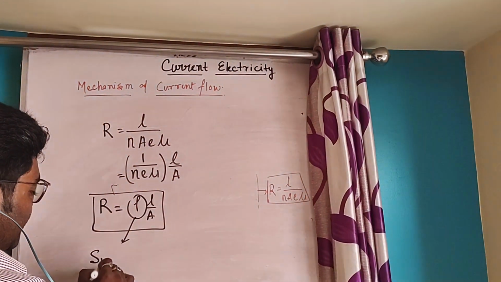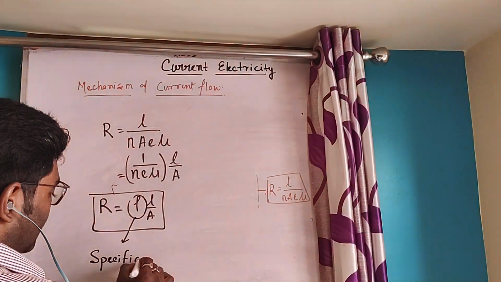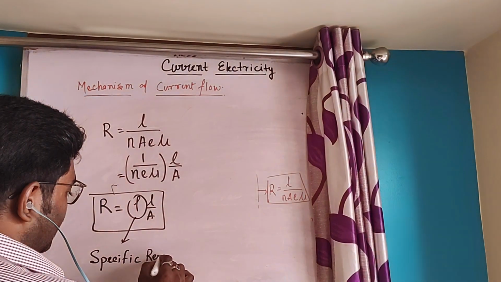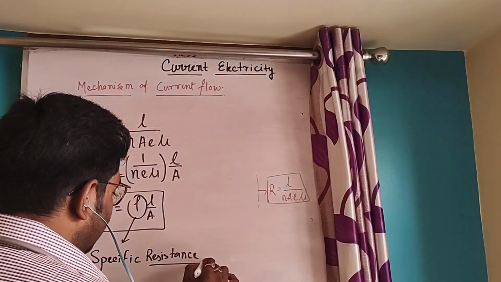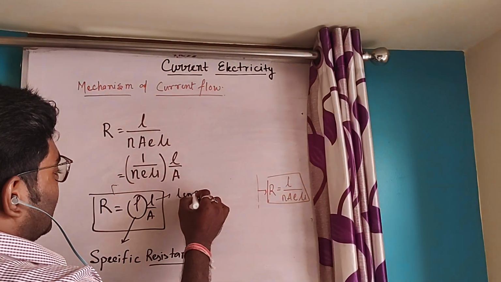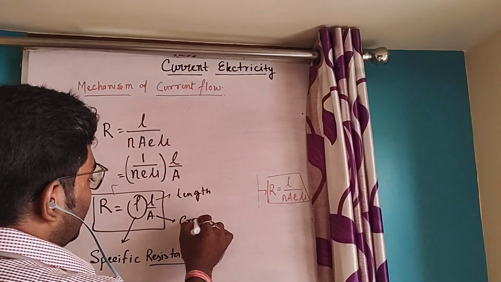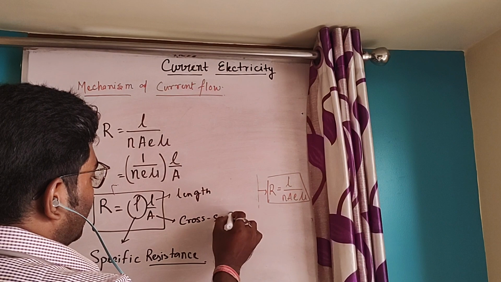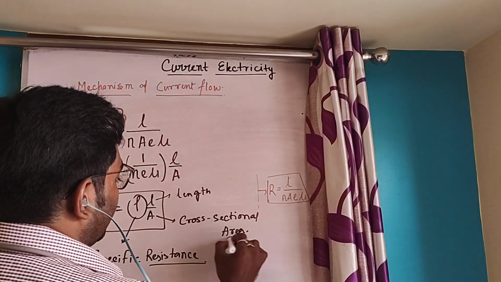So what is rho? Rho is the specific resistance, L is the length of the conductor, and A is the cross-sectional area of the conductor.